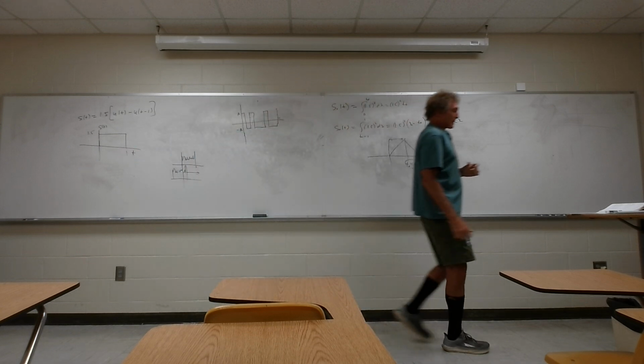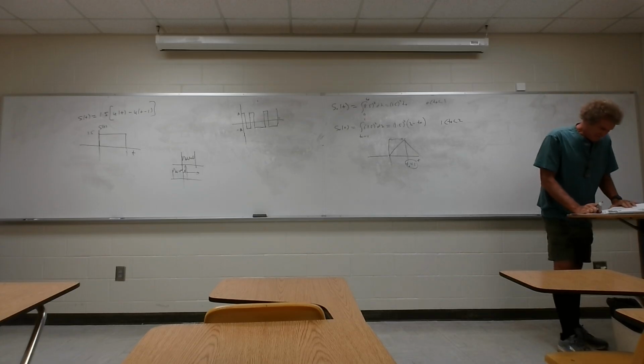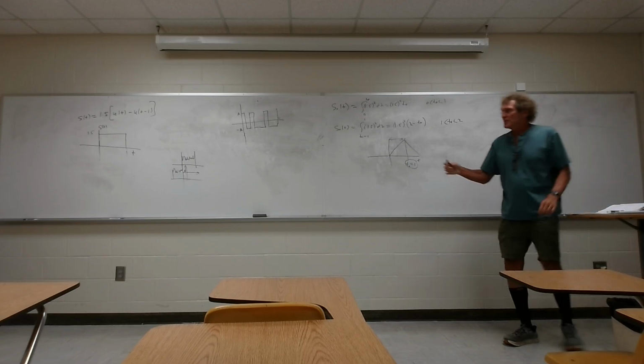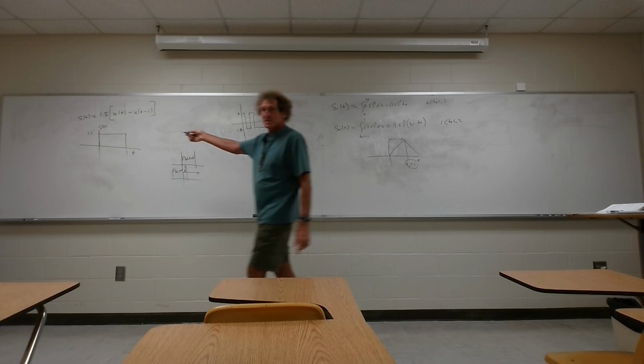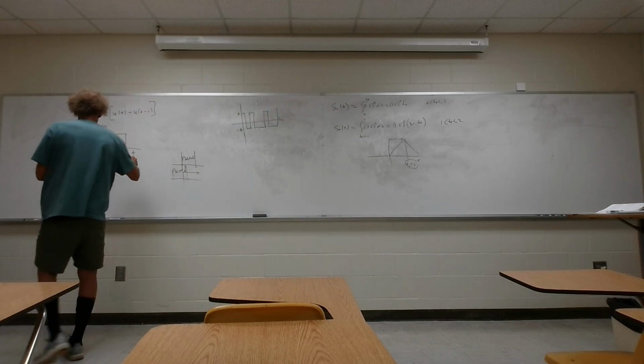But what's the next part? For that problem, it says for the value t0, find the value of the matched filter impulse response at t equals 0, 1, and 2. The only thing you're doing here is, we basically had this function, right?